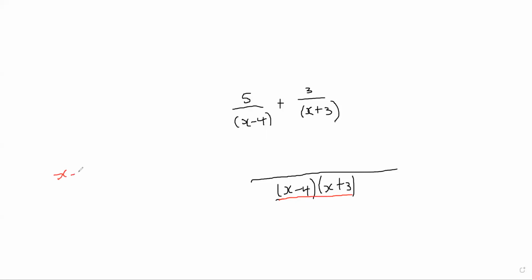Same procedure. x plus 4, x minus 4, x plus 3 divided by x minus 4. Good. So what would be your answer here? Sir, bracket x plus 3.